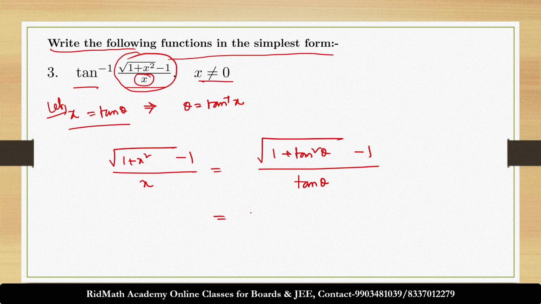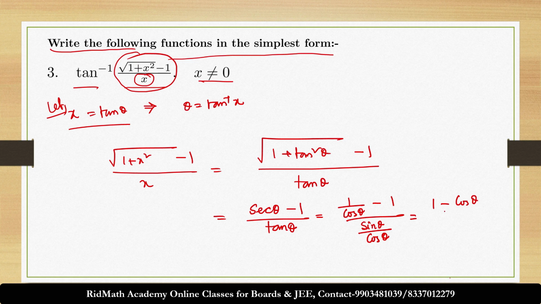So root over sec square theta is sec theta minus 1 divided by tan theta. Okay. So sec theta is 1 by cos theta minus 1 divided by sin theta by cos theta. So that is equal to 1 minus cos theta divided by sin theta.